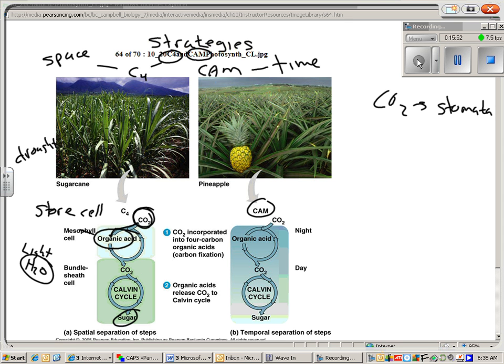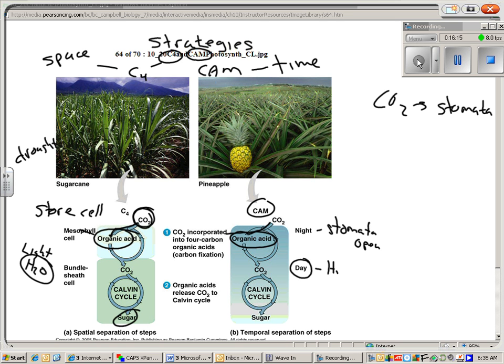CAM plants live in environments where it's very hot during the day, very dry sometimes during the day, although it doesn't look very dry here in the pineapple field. So CAM plants will open their stomata at night, take in carbon dioxide and store it.